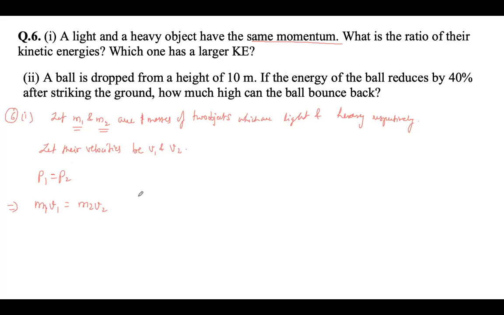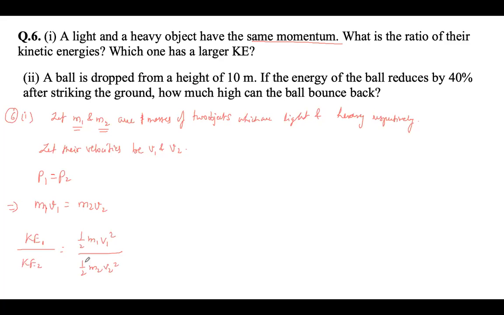Now, what is the ratio of their kinetic energies? So we have to find the ratio of kinetic energy. Kinetic energy of the first object divided by kinetic energy of the second object is equal to half m1 v1 square by half m2 v2 square.